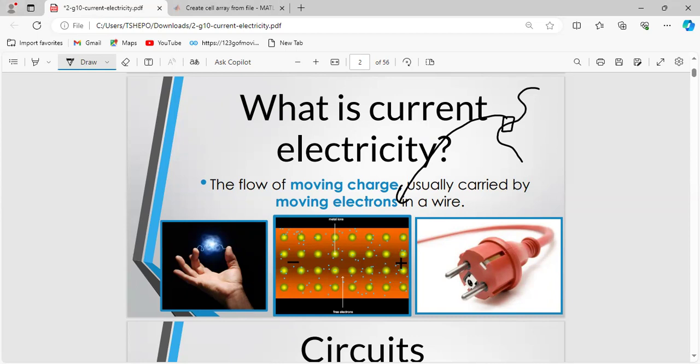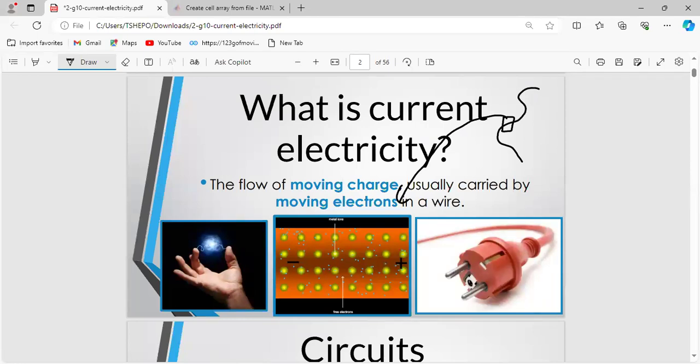Now, this is what is happening. When we talk about the current inside of a current carrying conductor, it's when these electrons that are found inside of a wire move in a certain path along this current carrying conductor. That's what we mean by a current that flows inside of a current carrying conductor. Remember it's a wire.